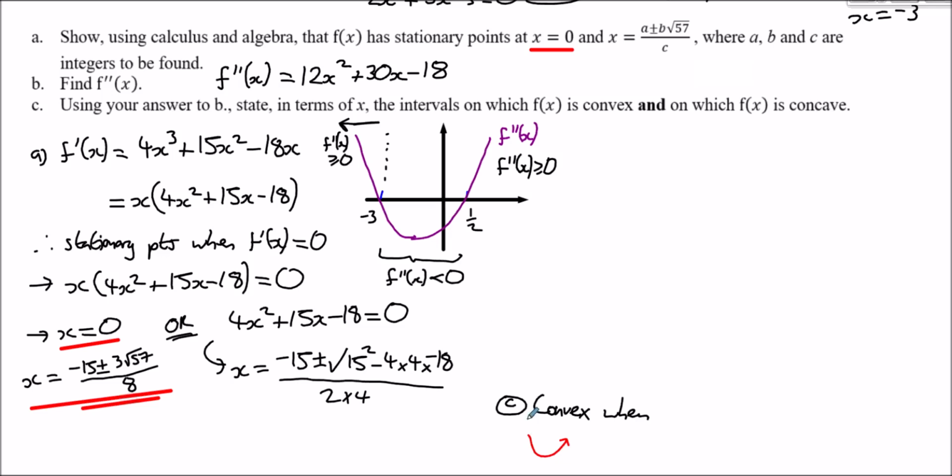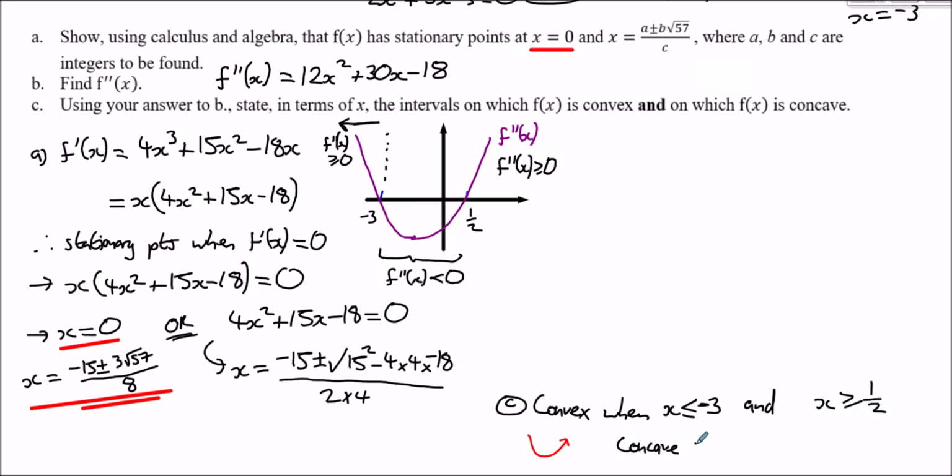So the second derivative is positive when x is less than minus 3. So basically, it's convex, x is less than or equal to minus 3, and also over here when x is a half or greater. And then it's concave in between these 2 points.